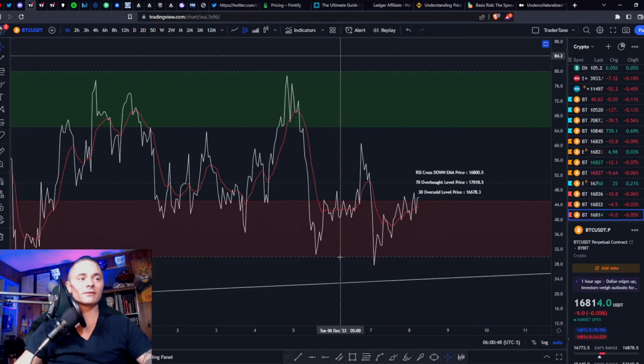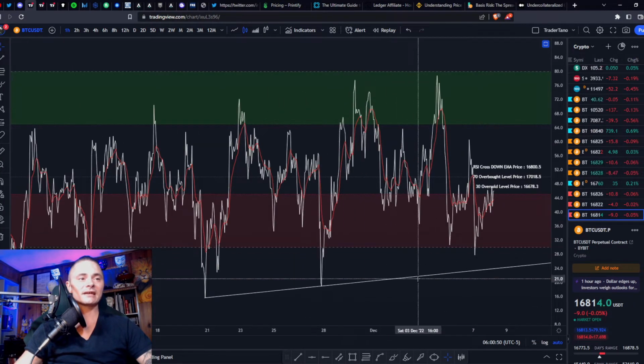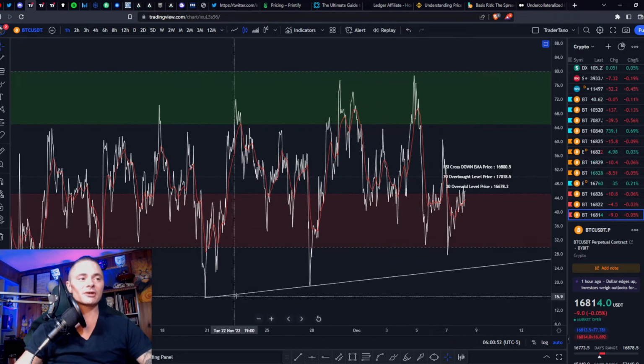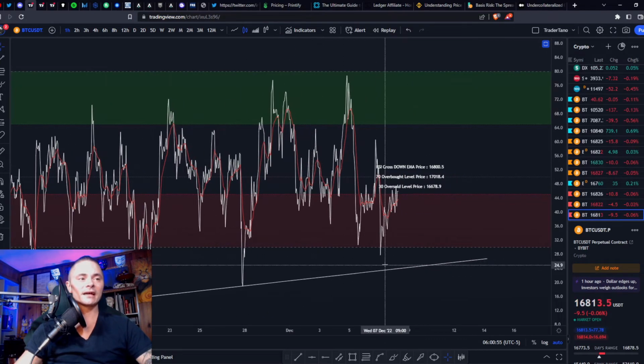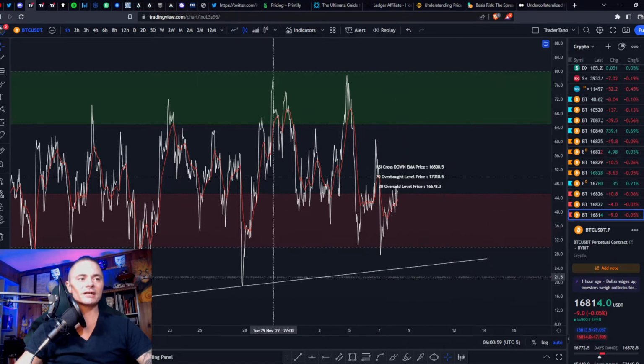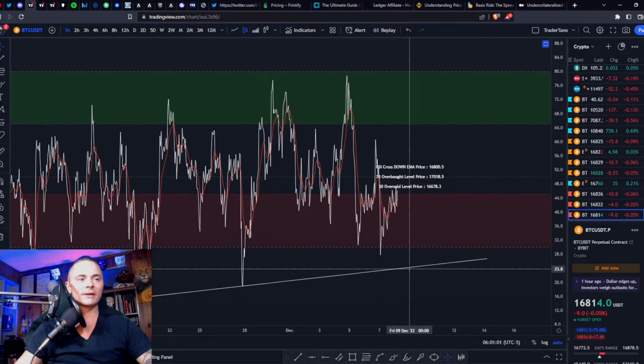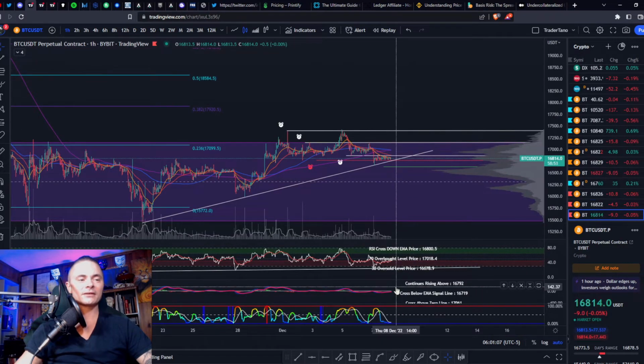Now, one thing I will say is we have a trend line forming. Okay, it's not really validated yet. We only have 2 touches, but it could provide support if we do come down. So just remember this trend line, because it might work in the future.